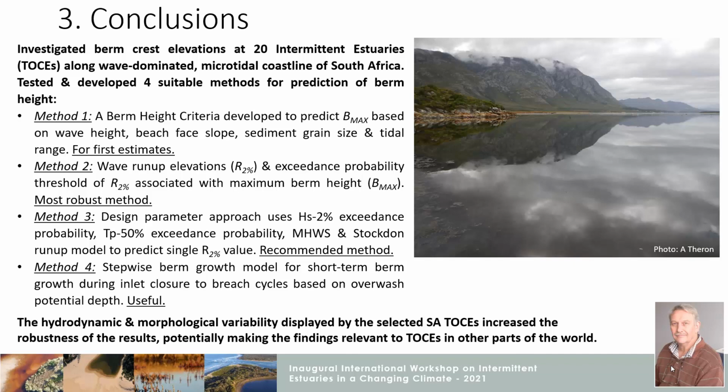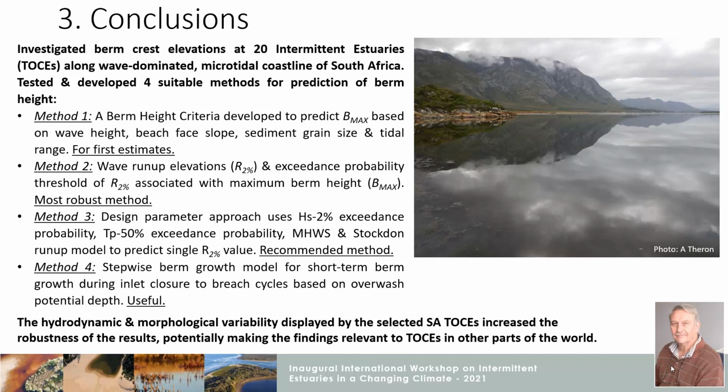The third method, we call the design parameter approach, uses the 2% exceedance wave height, the 50% exceedance probability wave period, combined with mean high water spring tide elevation, and the Stockdon run-up method to predict a single 2% run-up value. It provides results almost as good as the second method, and it's very easy to use. It has low input requirements, so this is the method we would generally recommend.